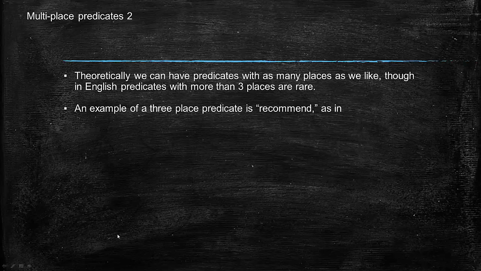So you take a predicate like recommend, right? You can use recommend as a two-place predicate sometimes, but it's more commonly a three-place predicate. So we can say Megan recommended Juanita to Vernon.